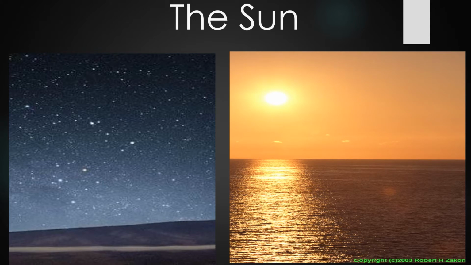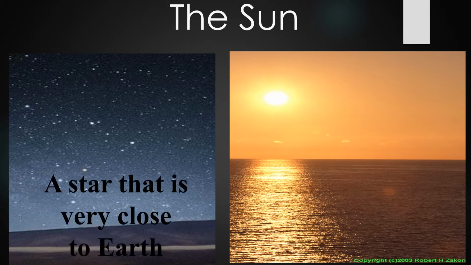The sun, just what I've said, is one star out of 100 billion in our galaxy, which is the Milky Way. It contains 99.8% of the mass of our solar system. It is composed of 70% hydrogen and 28% helium. So this is our star, a star that is very close to Earth.